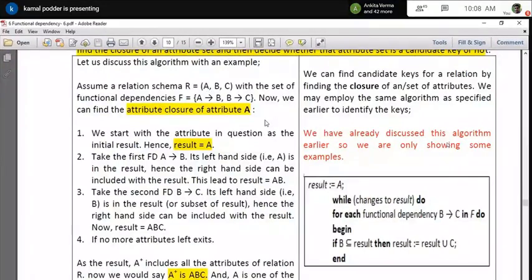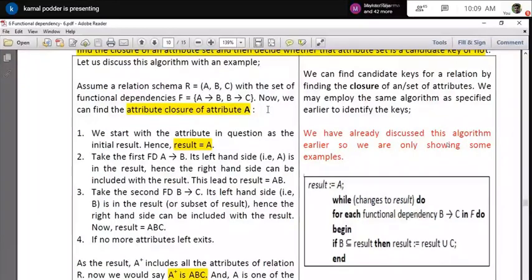First I try to find out the attribute closure of A. If my objective is to find out the candidate key, then as soon as you find the attribute closure of A, and in that particular closure set, if you find that all the attributes are appearing, what does it mean?